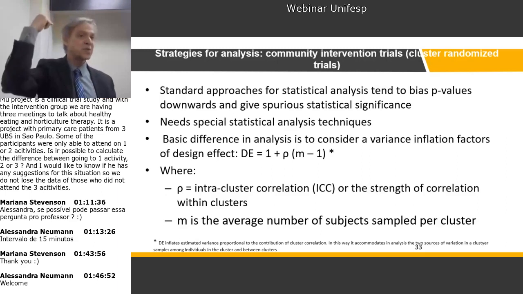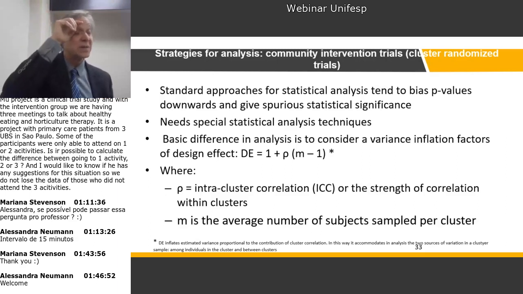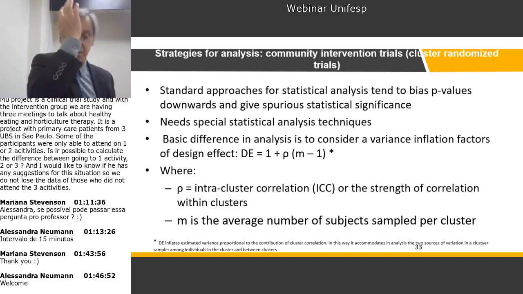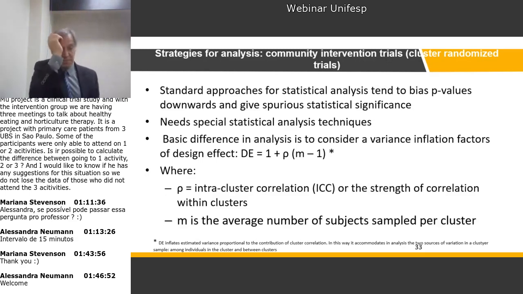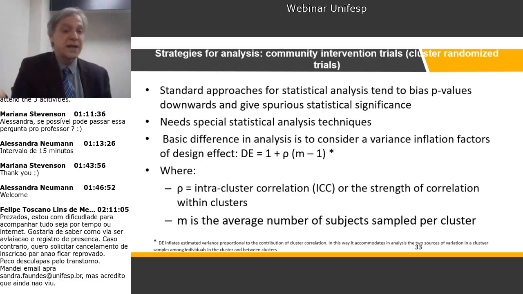Remember, there are 200 some hospitals involved, 10,000 patients. So the average is 10,000 divided by 200, about 500 people in each group. So that's your M. So M minus 1, 500 minus 1, is 499.